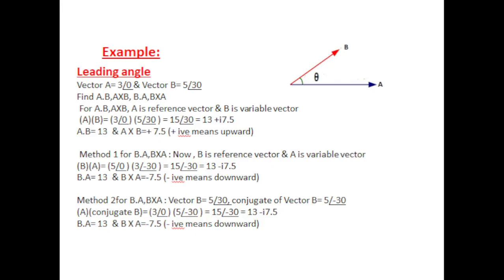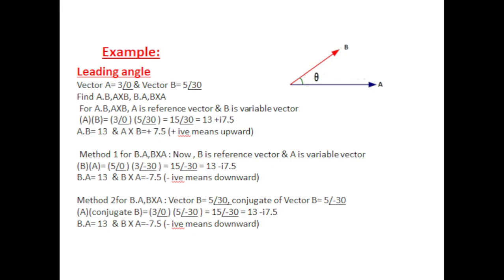B dot A equal to the real value 13 and B cross A equal to minus 7.5, the imaginary value. The minus means it is downward.